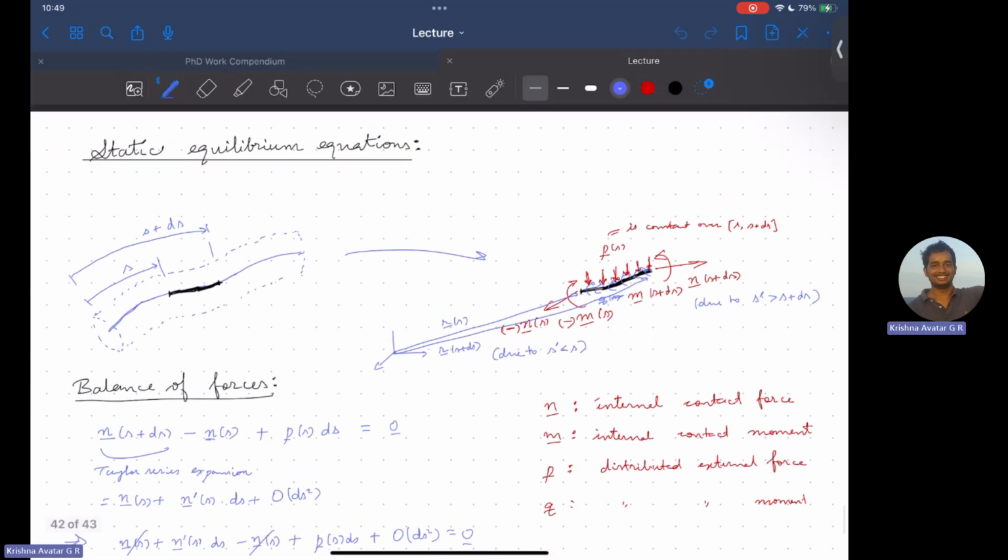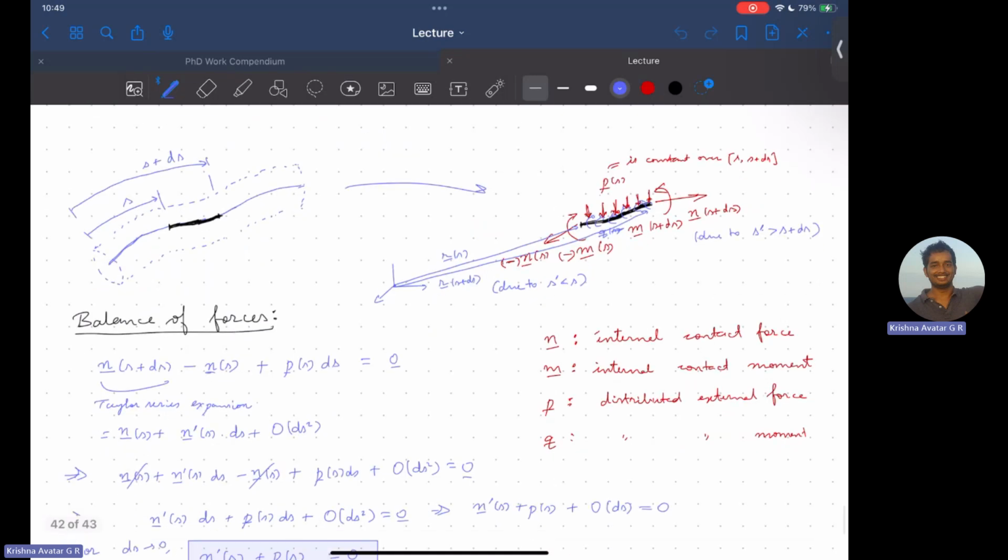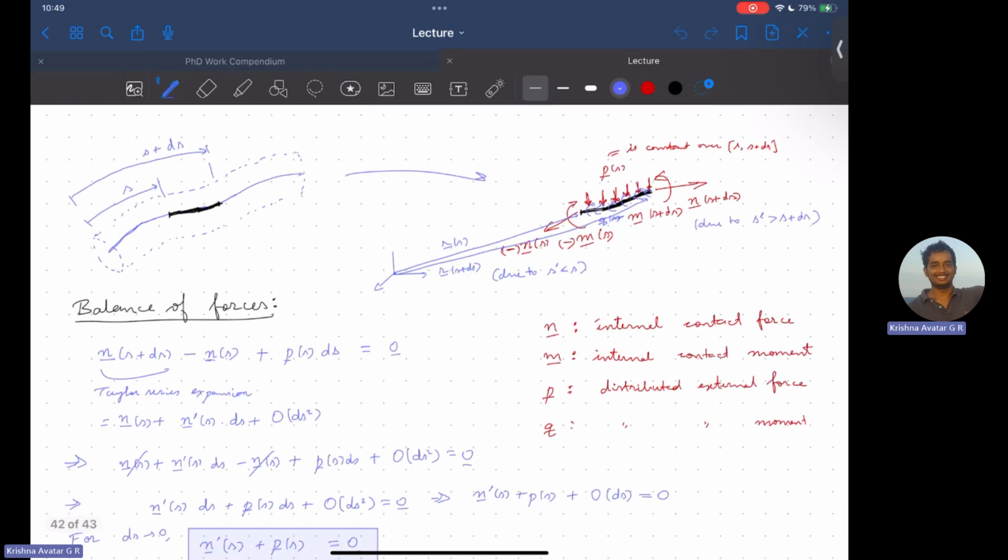Now for the static equilibrium equations. We have a segment of the center line from s to s plus ds. We isolate that part and construct a free body diagram of it.